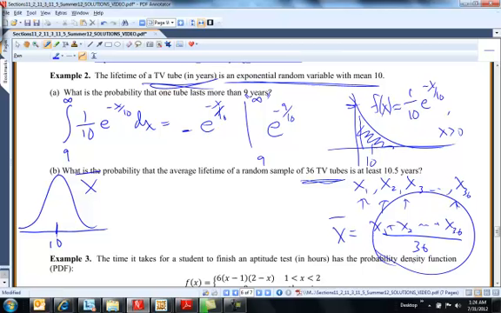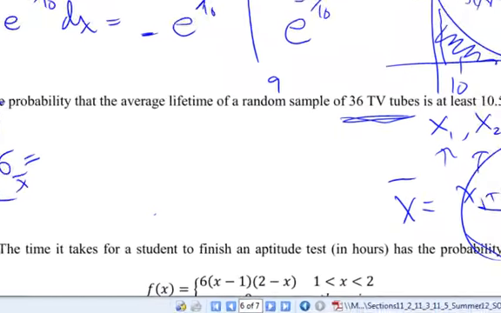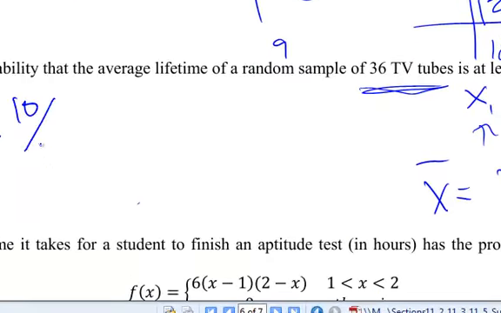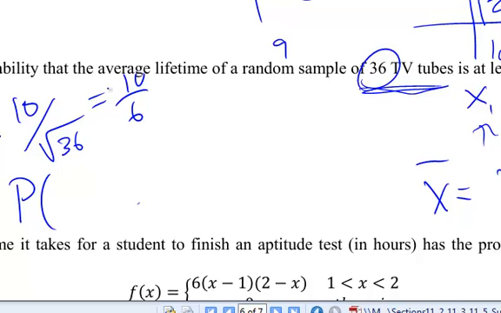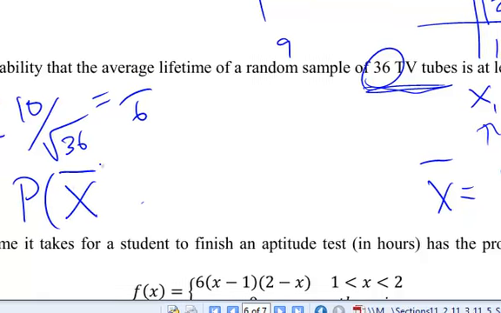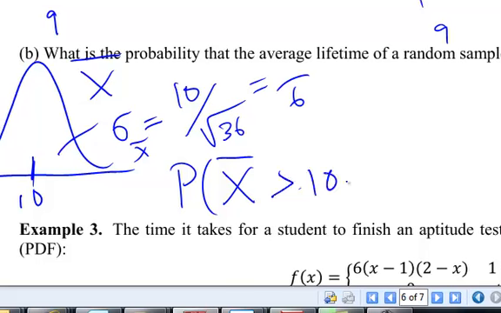And then the standard deviation for an exponential is 10 divided by the square root of 36, so this is 10 over 6. So now I want to know what's the probability that the average lifetime, that's X bar, for 36 is at least 10.5.